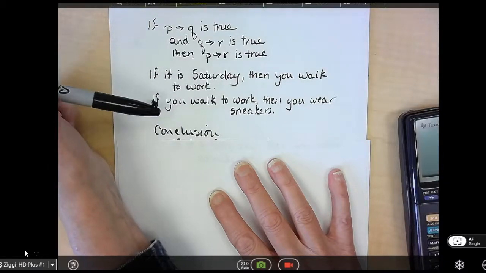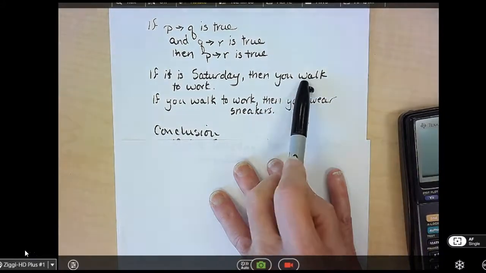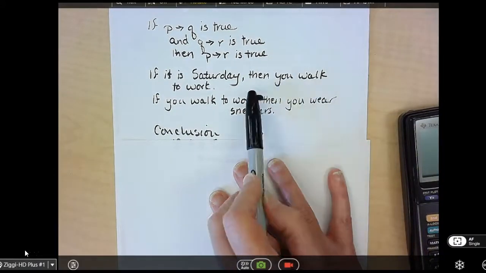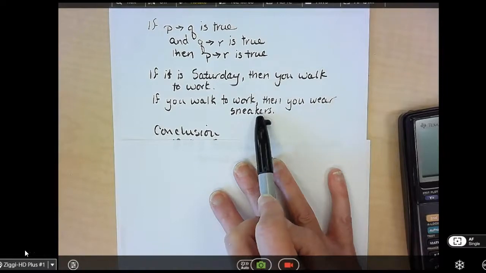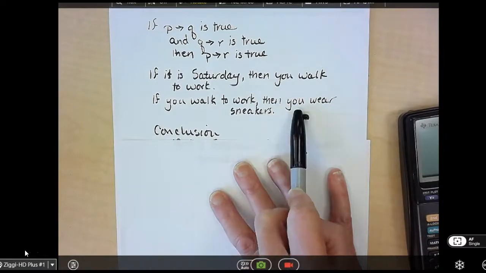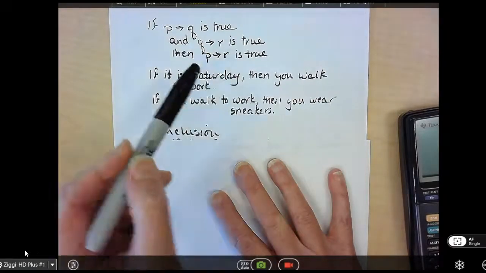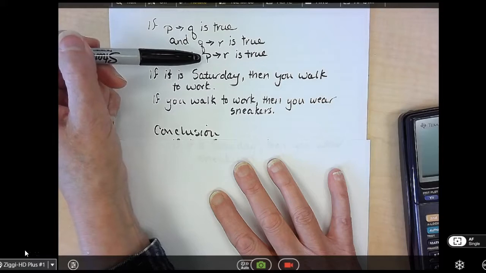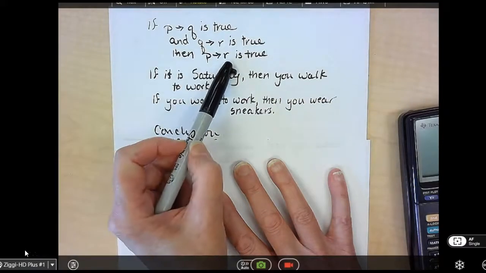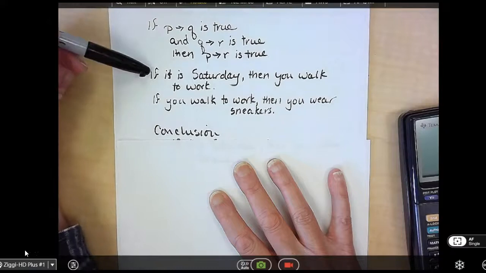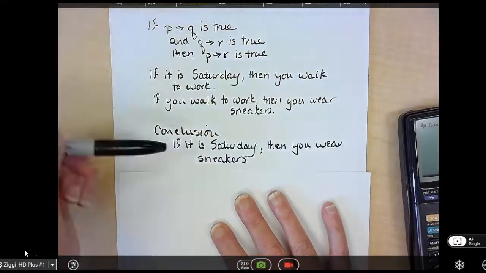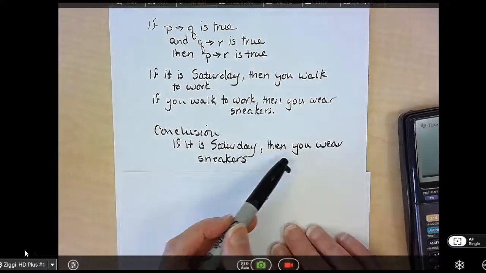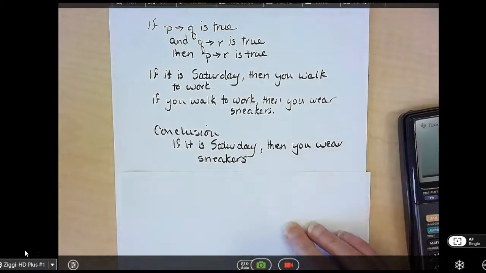And then it gave you the conclusion, if you walk to work, then you wear sneakers. It gave you more information. So then you can conclude that your hypothesis P gives you R also. So your hypothesis was, if it is Saturday, then you wear sneakers. And that would be your conclusion.